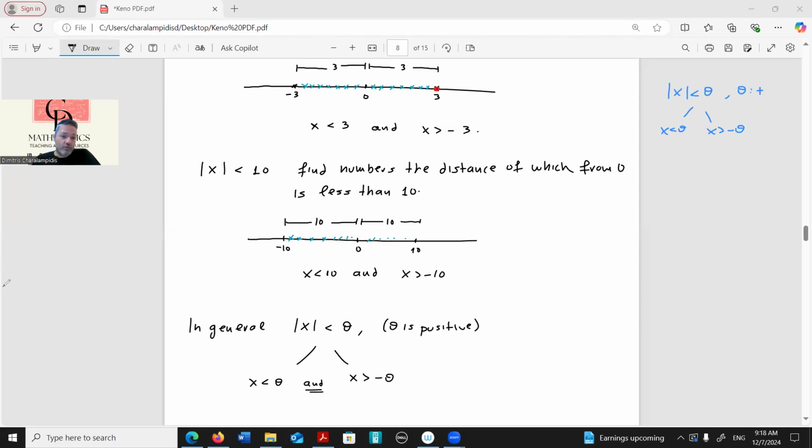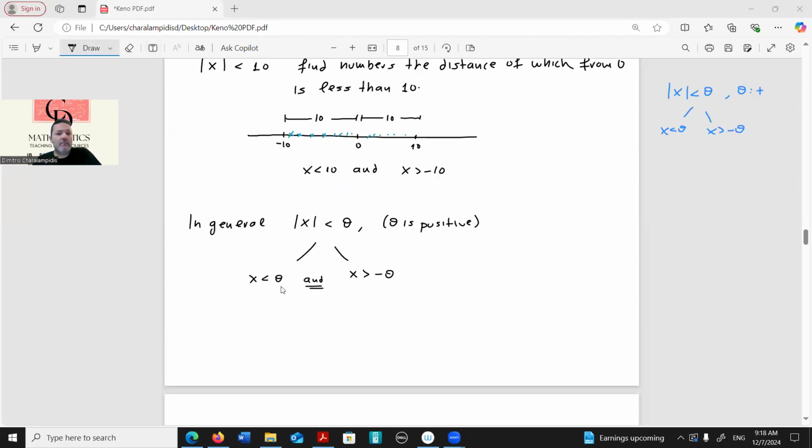And of course, we should always remember that when we present something in math, it's not just about that symbol x. It's about that expression.